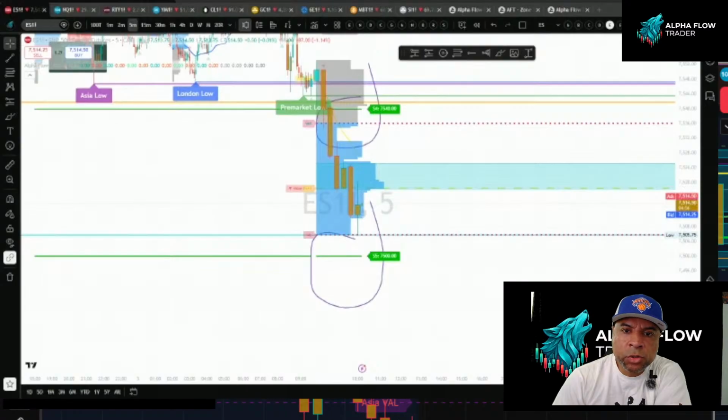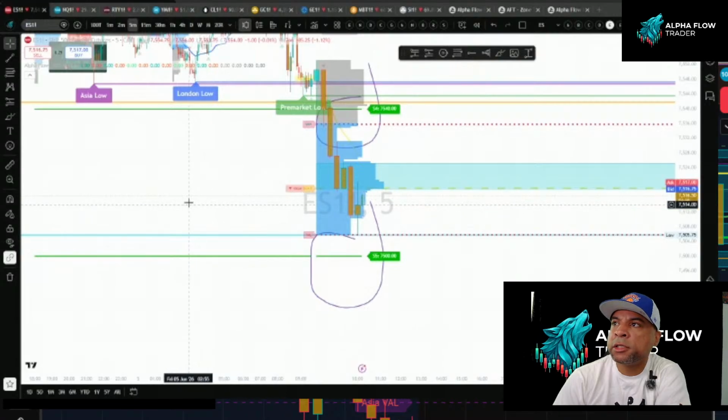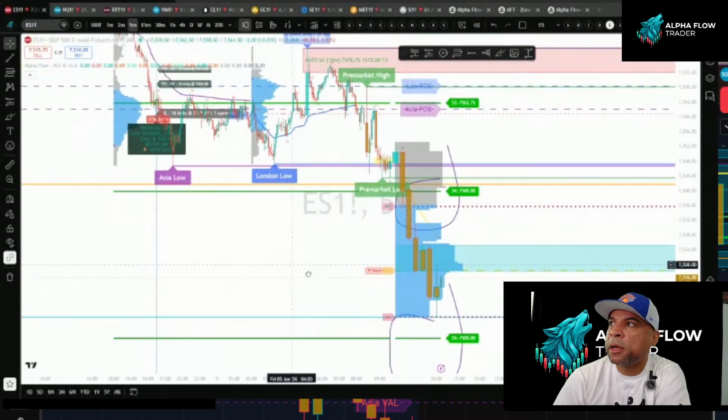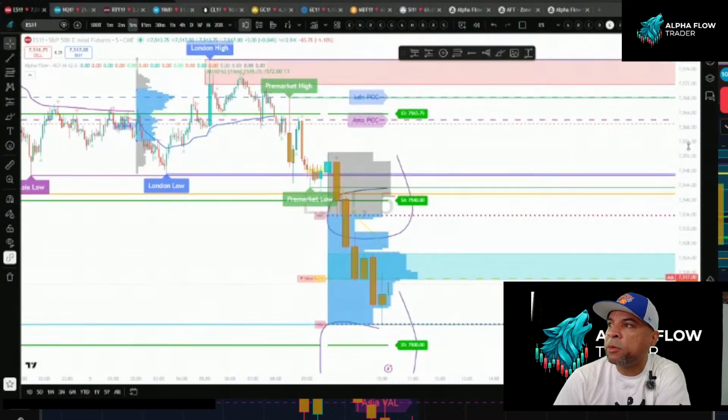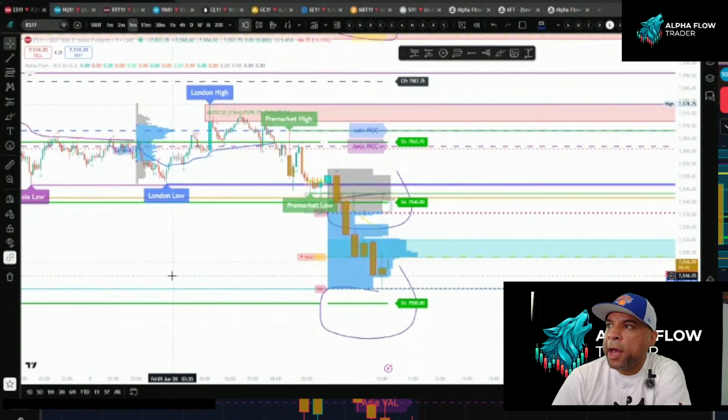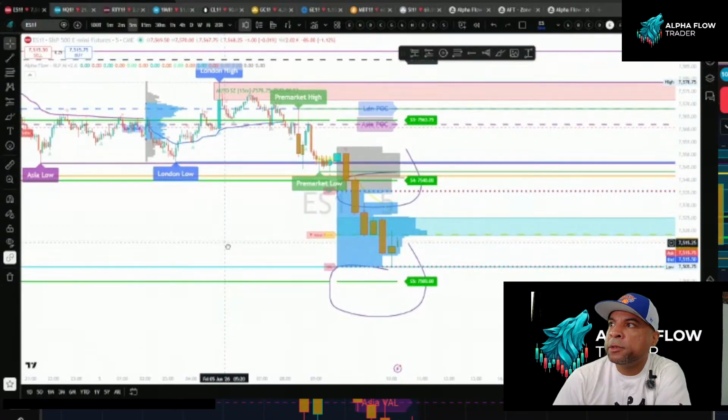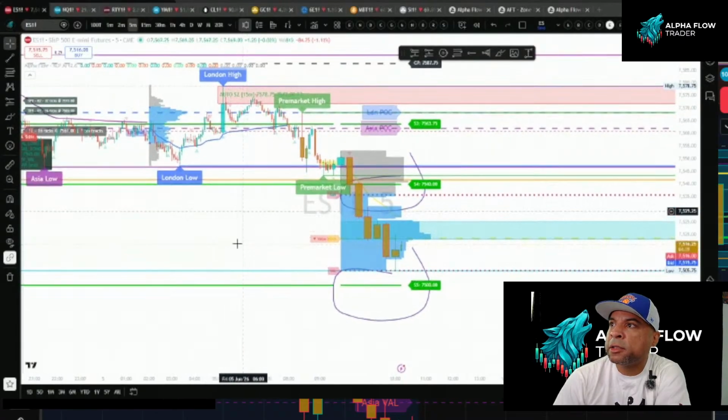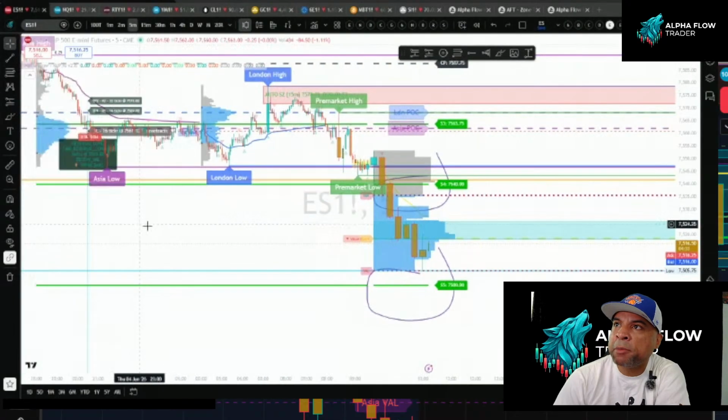All right, for all our new viewers, my name is Steve with Alpha Flow Trader, just showcasing our custom indicator that we have for TradingView and Quantower. It's a signal indicator based around key levels. It waits for price to get to key levels that we have pre-programmed into the indicator.